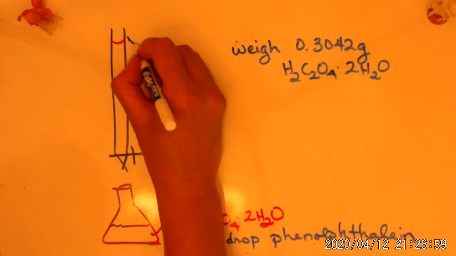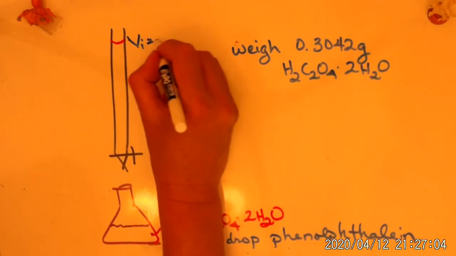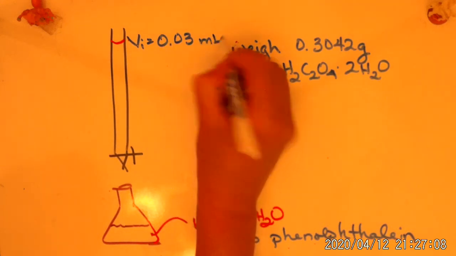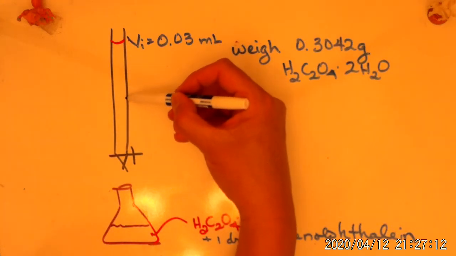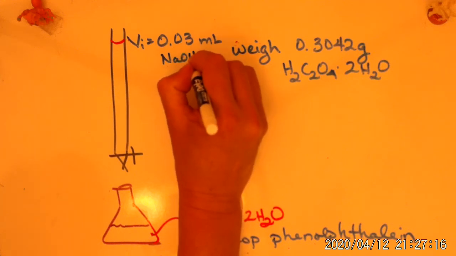And then your initial volume that you read off your burette is equal to 0.03 milliliters. Okay? And then you go through, a sodium hydroxide solution that you made.